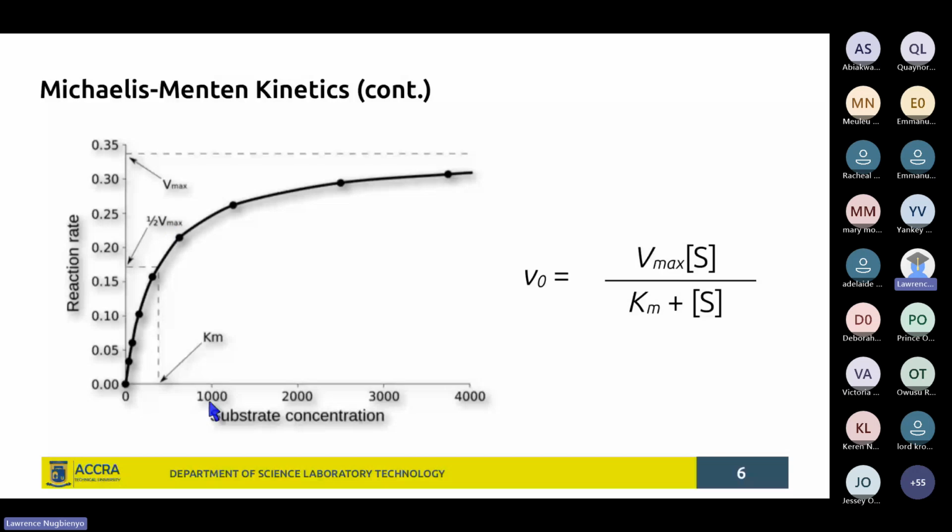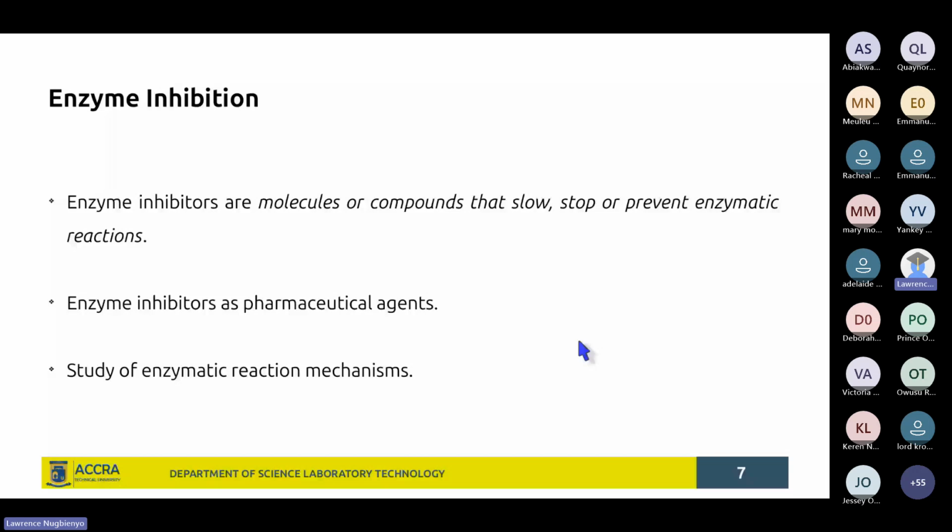But there's no point actually going through all of that, because this equation is already well known and is being used all the time to study enzyme kinetics. Okay, so that is it about the Michaelis Menten equation.